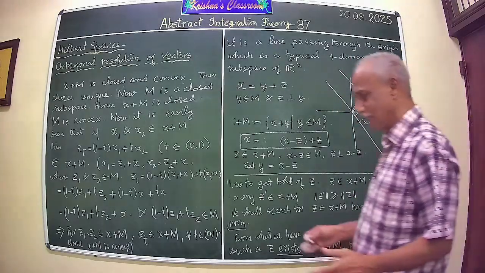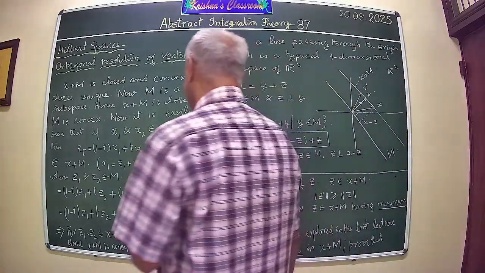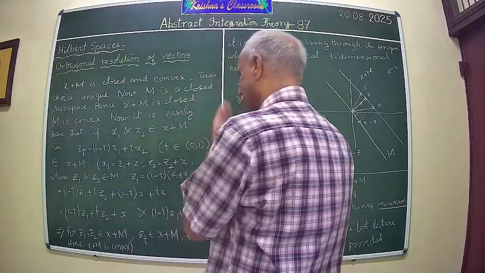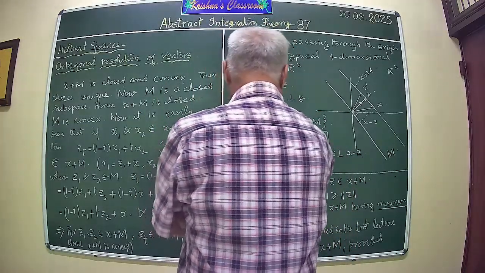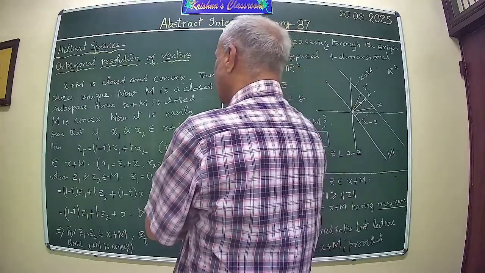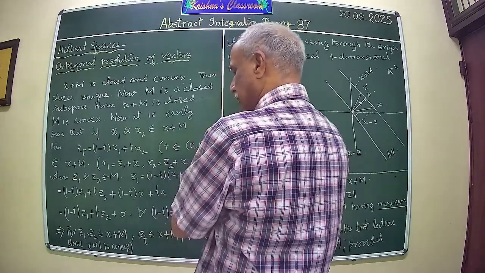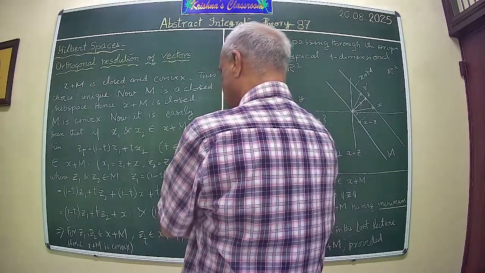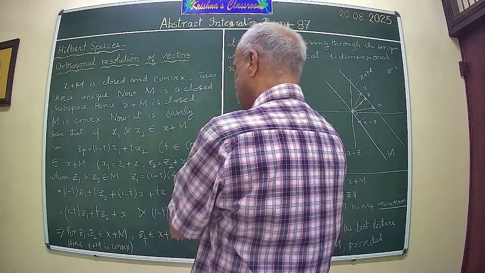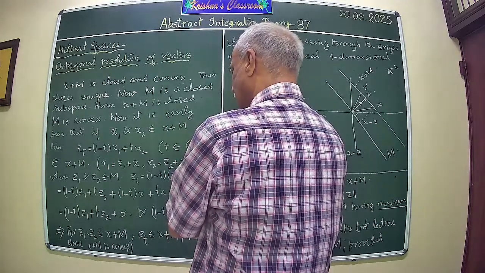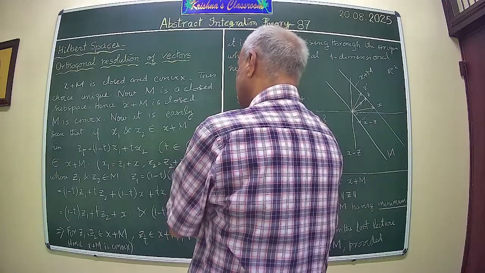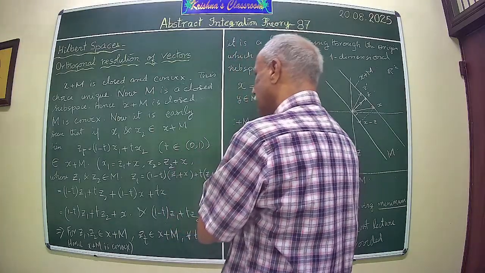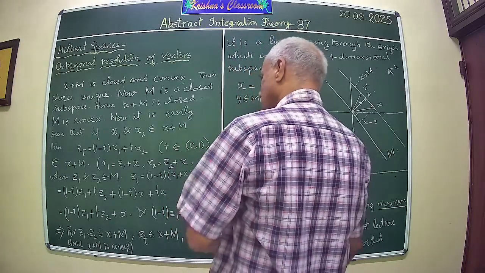If you take a yn that converges to y in m, then x plus yn converges to x plus y. Okay, that means x plus yn is a sequence in x plus m which converges to a vector.